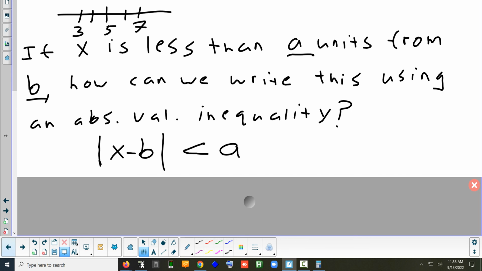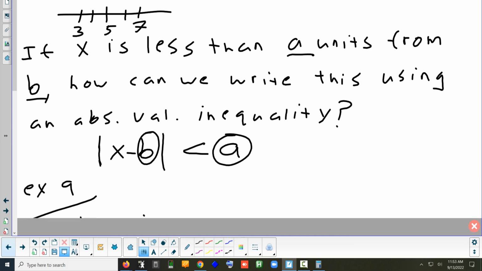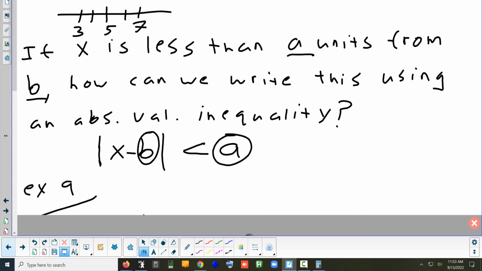To write down an absolute value expression that represents all numbers that are less than A units from B: A is how far away you can be from the value, and B is the value that you're starting from.